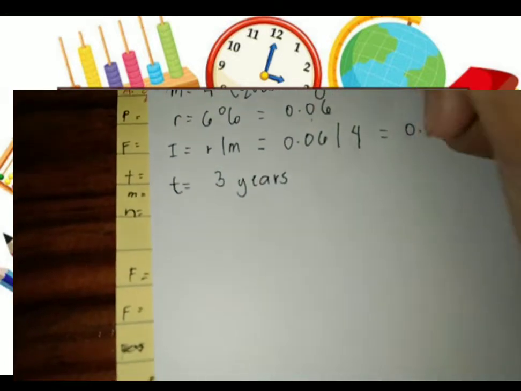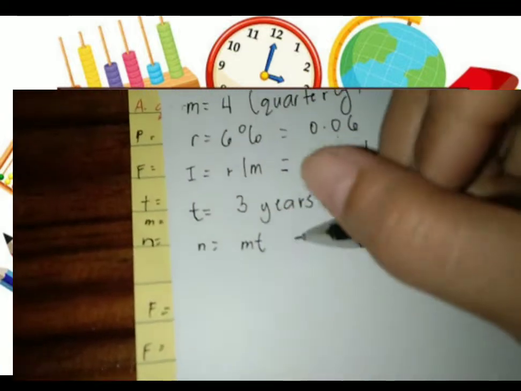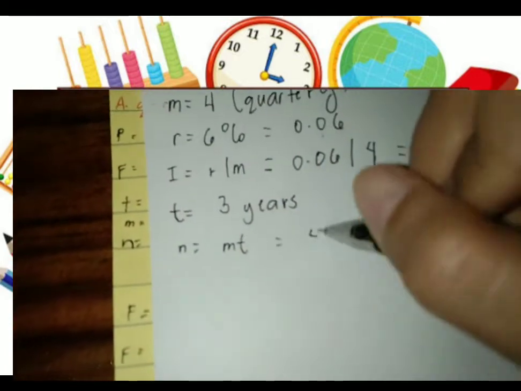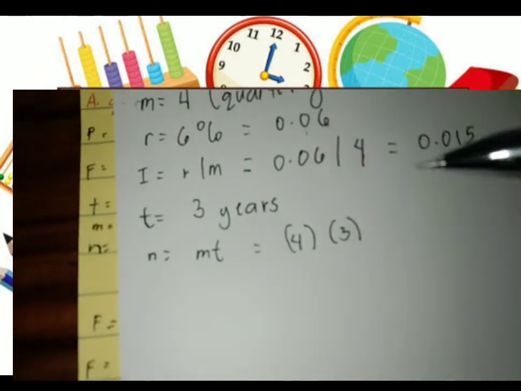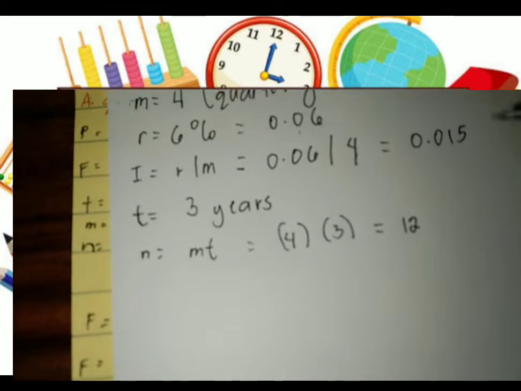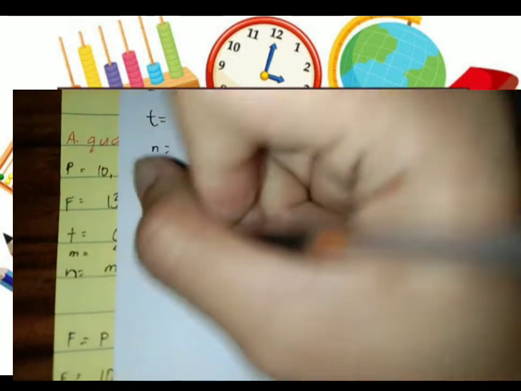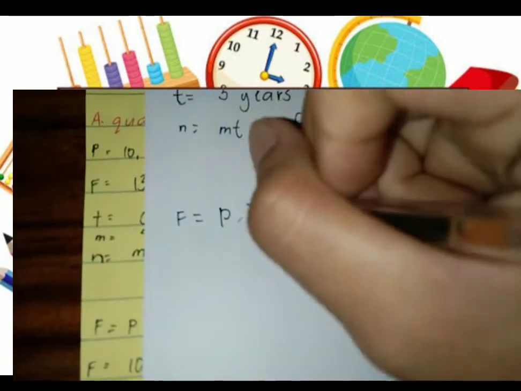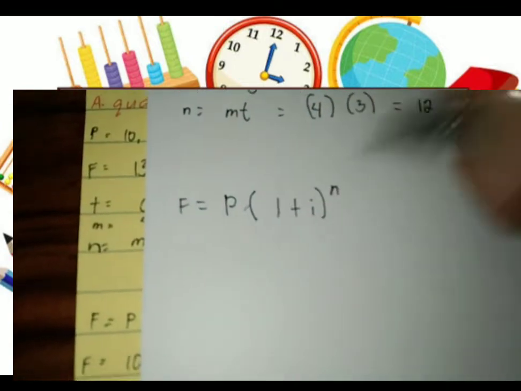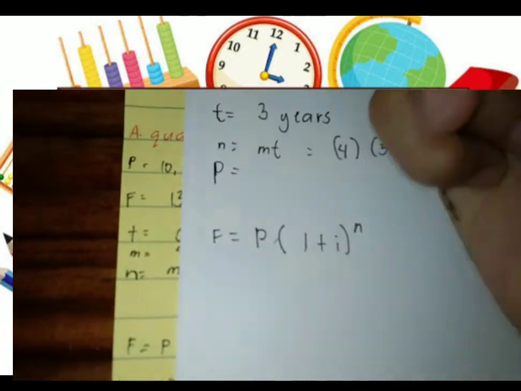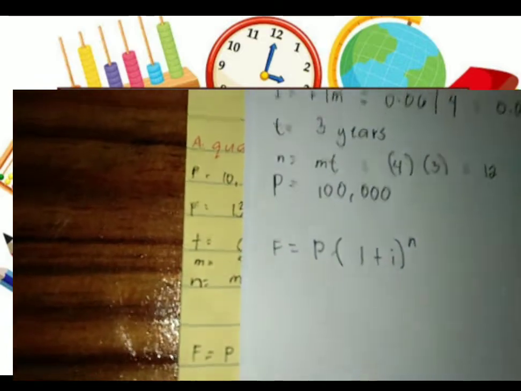So our N is M times T. We multiply the M, which is 4, times our time, which is 3. So the answer is 12. Now we will solve F is equal to P times the quantity 1 plus I raised to N. Our P is equal to 100,000.